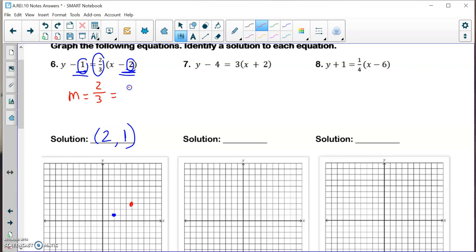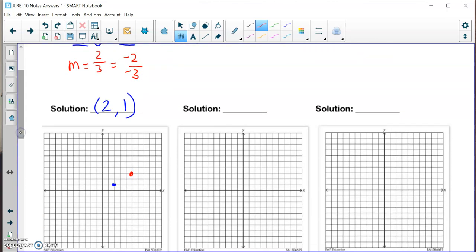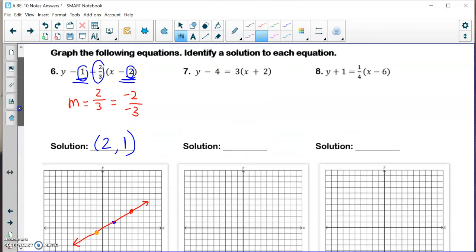I can keep going like that, or you could have written your slope as negative 2 over negative 3, because that's the same thing. Going down 2 and over negative 3, this is what your line would look like. And if you wanted to use a different solution, like maybe you wanted to take this yellow point here and write down the solution negative 1, negative 1, that would have been okay.